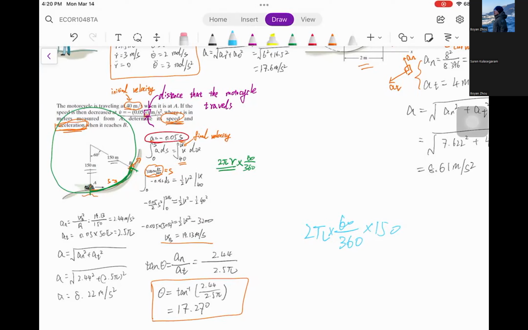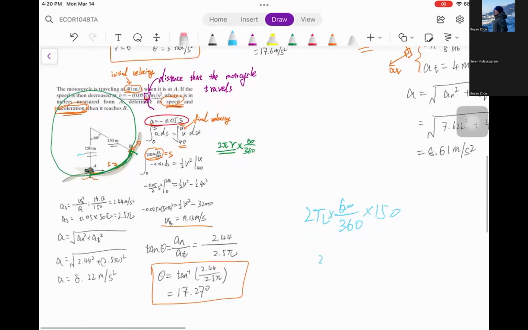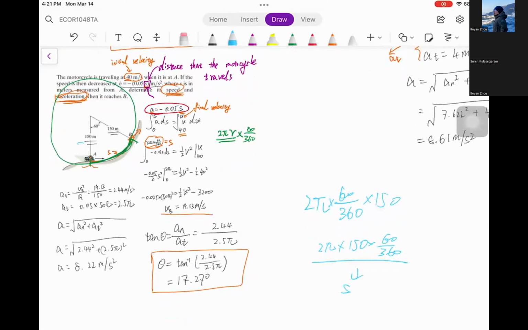So where is 150? Oh, it's the radius. Well, for this one, 2 pi 150 times 60 over 360. So this one is finding the S, the travel distance.